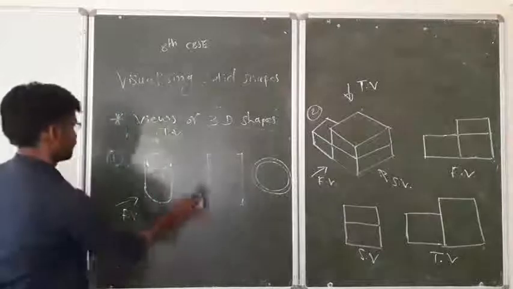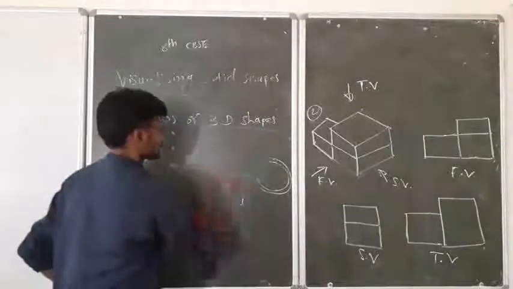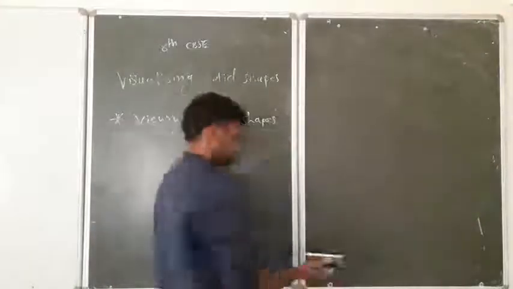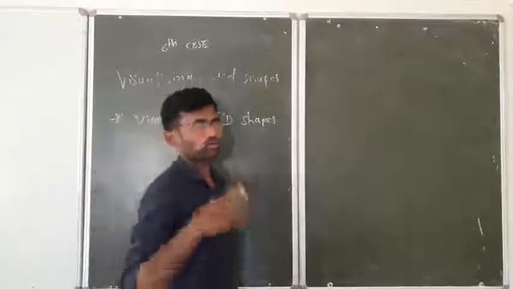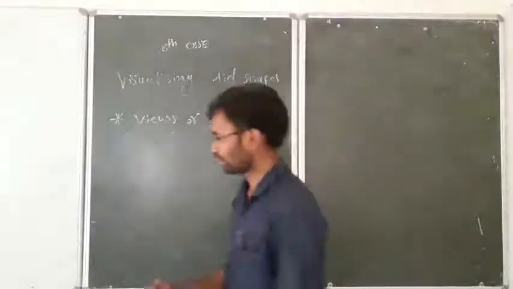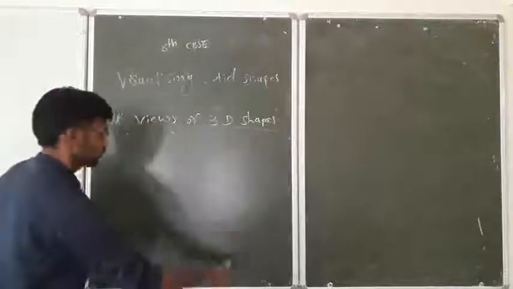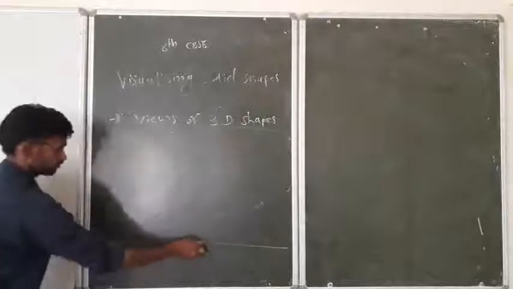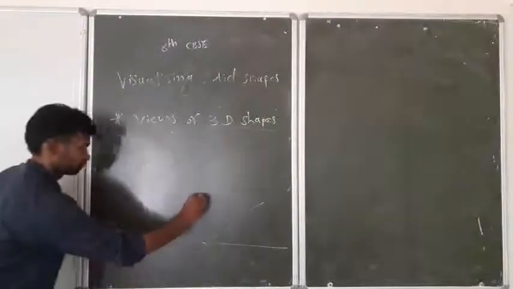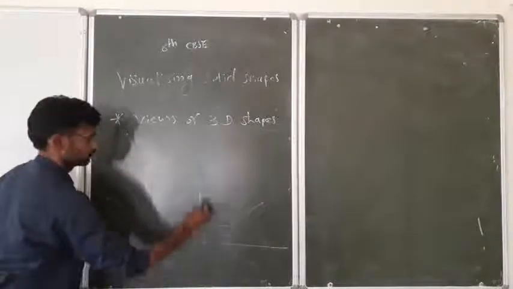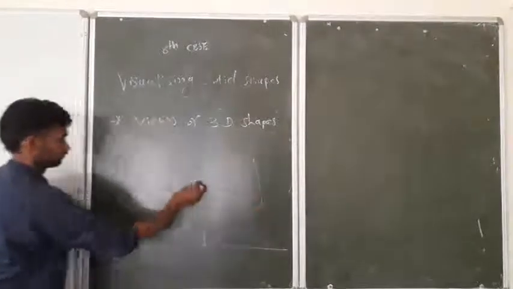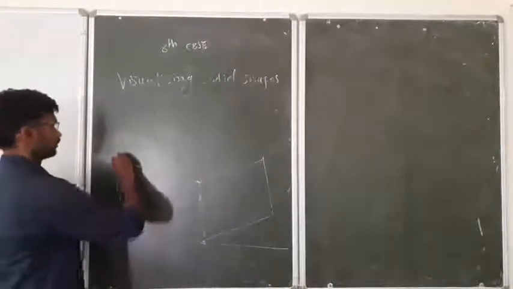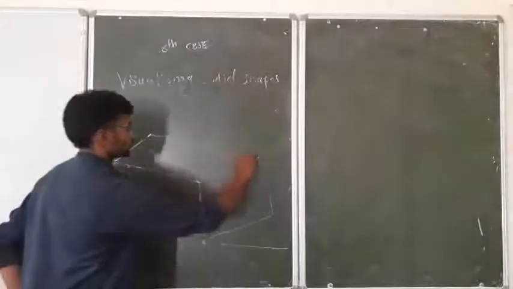Let us move to the next example. This example is not in your syllabus, but for your more knowledge, we will draw one example of a 3D shape, that is the isometric view. How to draw? Only see. First we have to draw the cuboid.